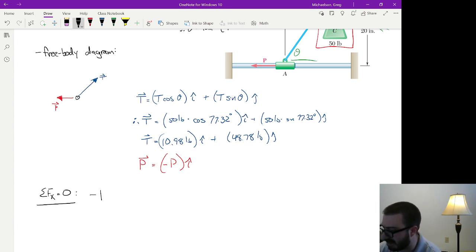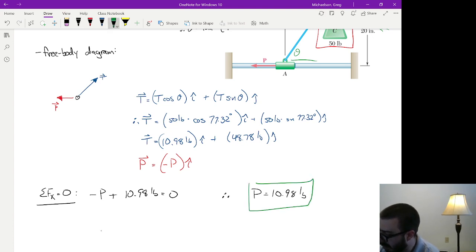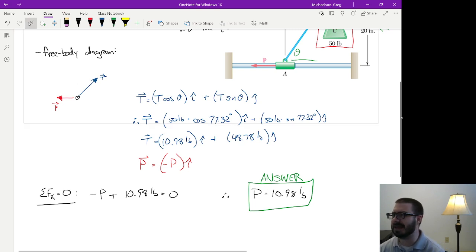So I have negative p plus 10.98 pounds. And that's it. That's all there is to it. So hopefully that should be pretty simple from a conceptual standpoint.